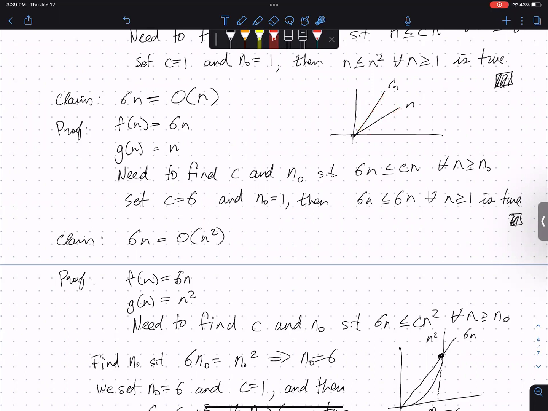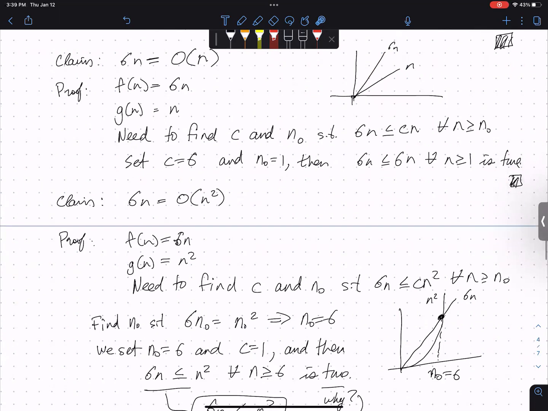So the running time doubles if I double the input size. For n squared and 6n, it's very different. If I double the input size, then this doubles, but this quadruples. So we want to separate these out, and that's what little o notation lets us do, to say that in this case, 6n is little o of n squared.